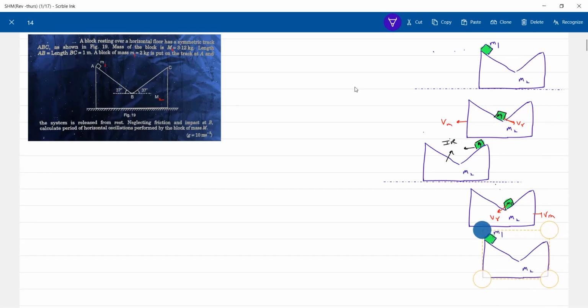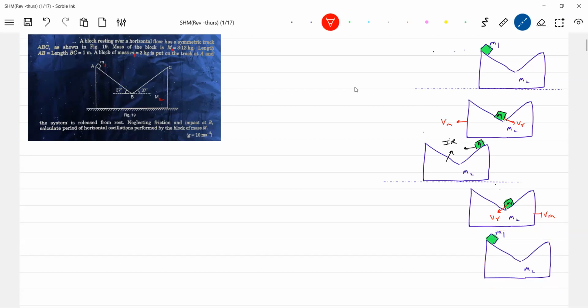The block will come back to its original position. And see that the center of mass will not shift. That is the basic idea of the entire discussion. Okay, no. This is t equals 0. And finally, this is, let's say, some time t. We'll do one thing, we'll write from that. This is t.